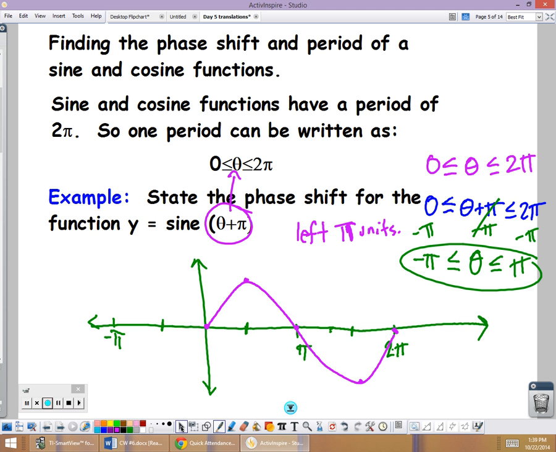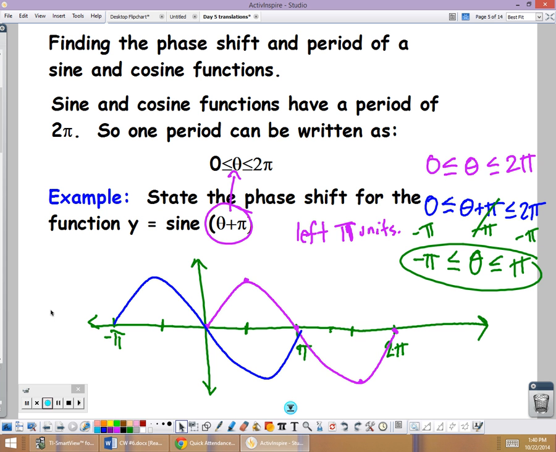So if I take this sine function, just the sine function, I'm going to duplicate it, and I'm going to color it a different color. Oh, not green. Green's the same color as the graph. How about blue? Okay. If I take this graph and I shift it pi units to the left, then I'm going to end right there. And that's my new graph. Did you see what just happened?